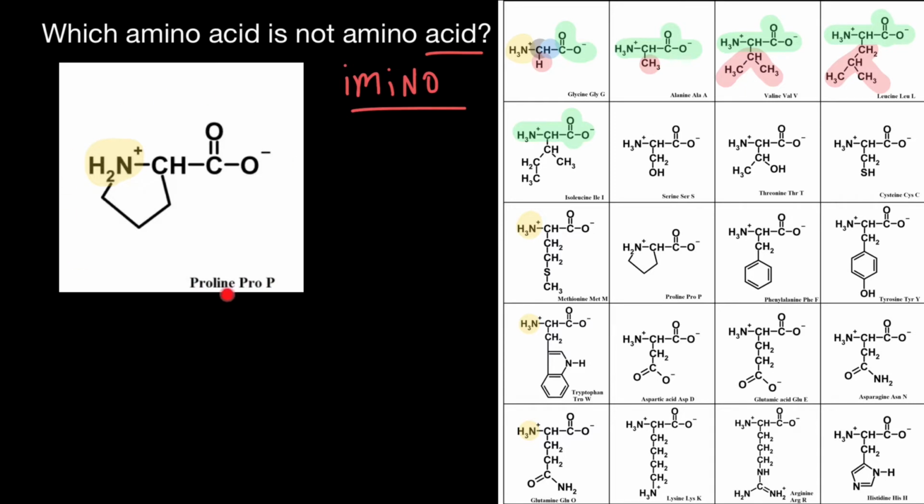So why then do we call it an amino acid, one of 20 amino acids? Just for convenience. It's much more convenient to say 20 amino acids instead of 19 amino acids and 1 imino acid. Plus, its function is similar to the rest, just being a building block of proteins.